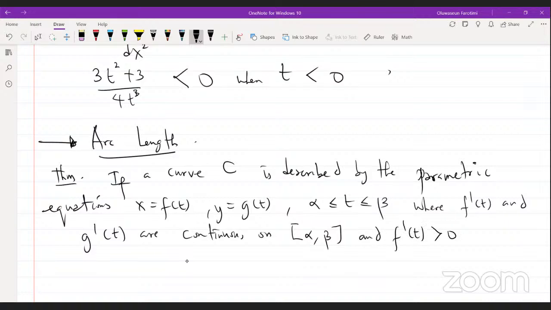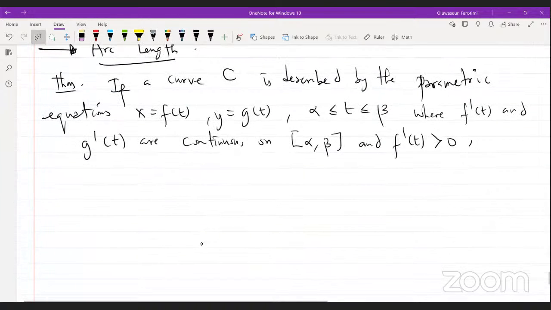This is just the statement of the theorem because I wanted you to see where it's emanating from.